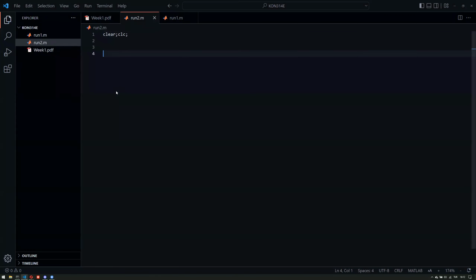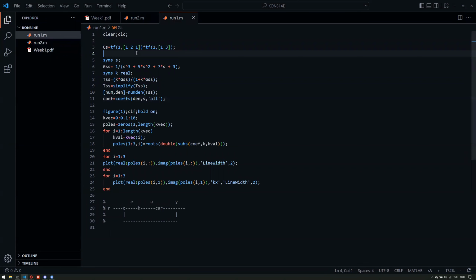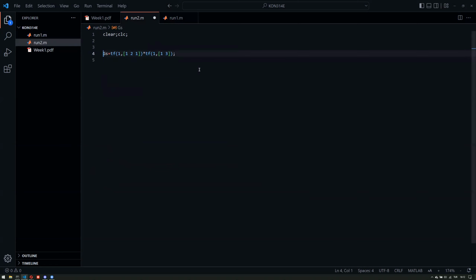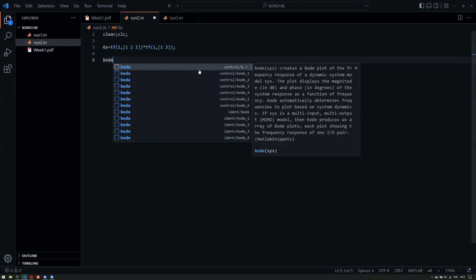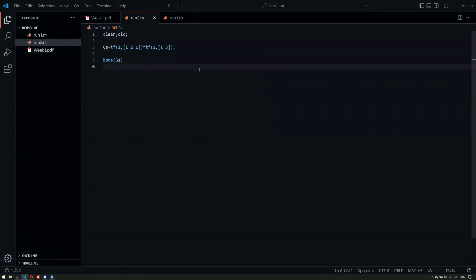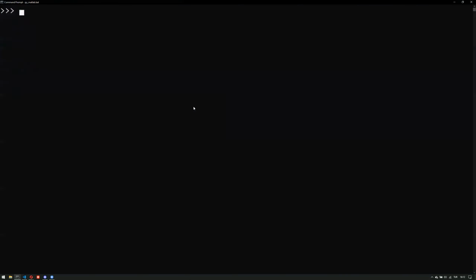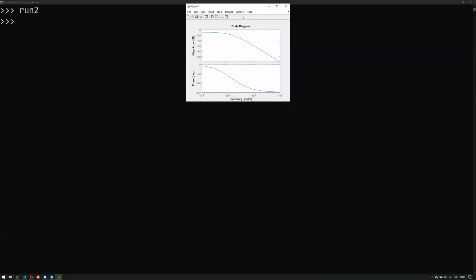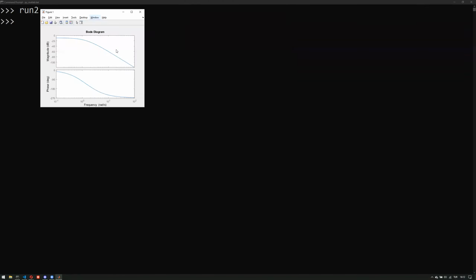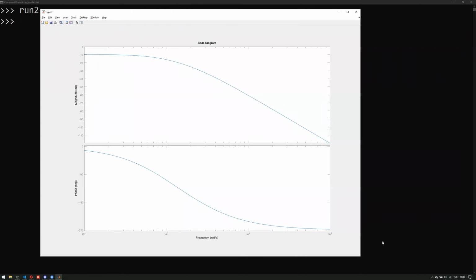So let's again take this system, and let's call the Bode command on this. So there we go. Now, this is a frequency domain plot, and it's again telling something about the system here.